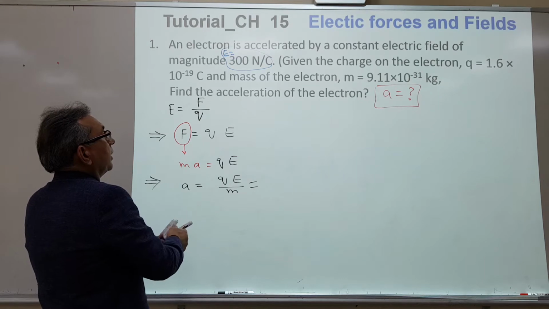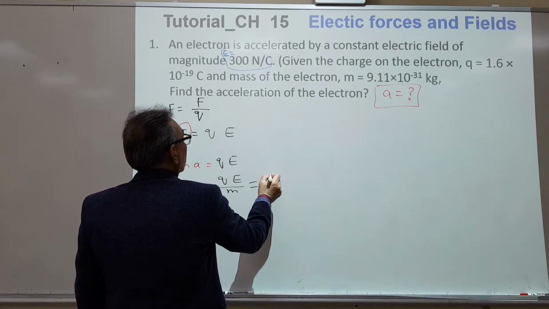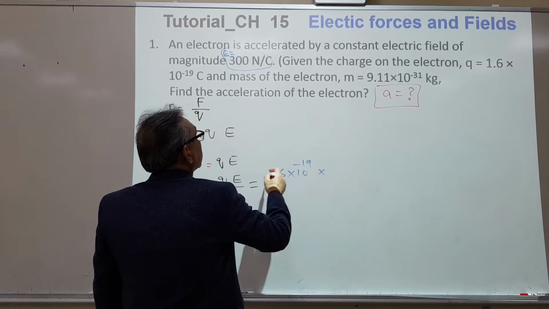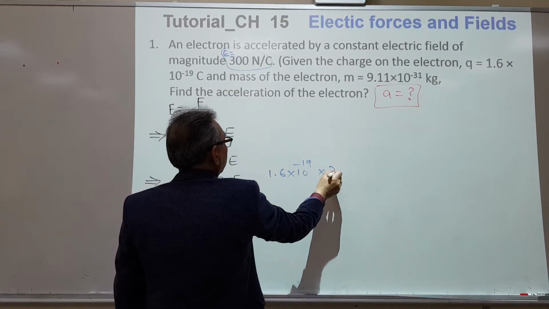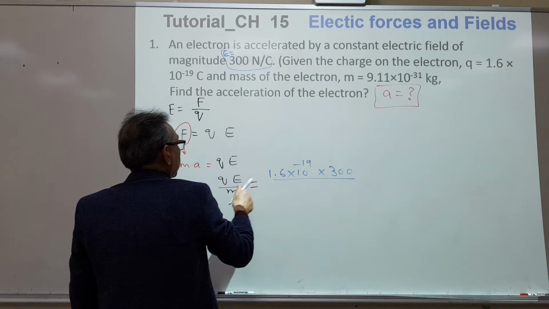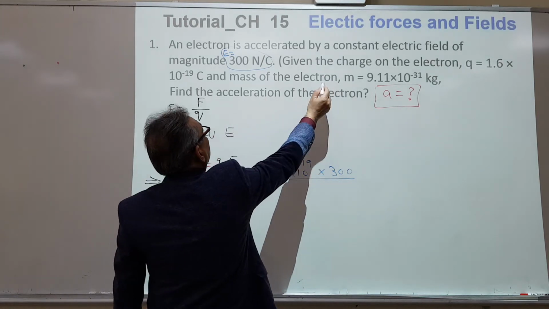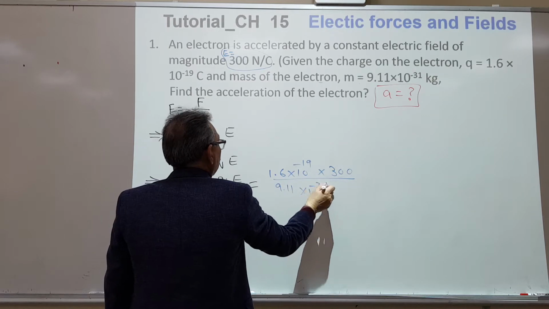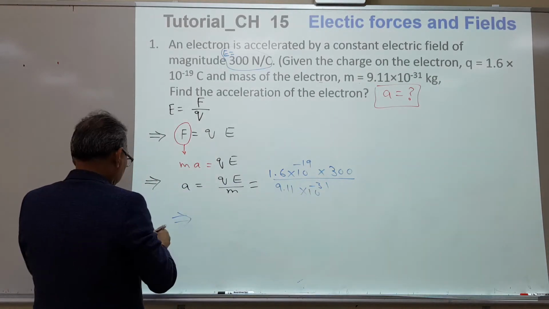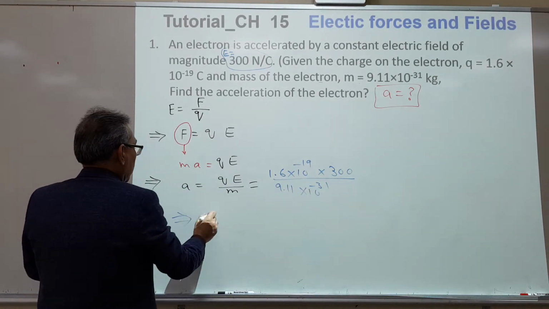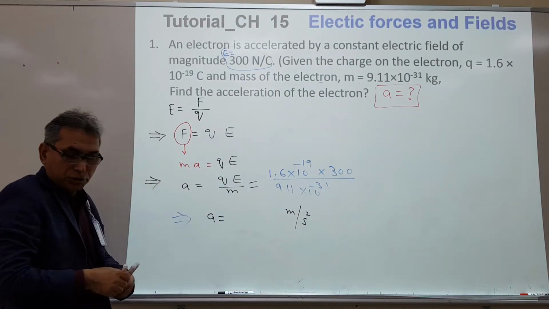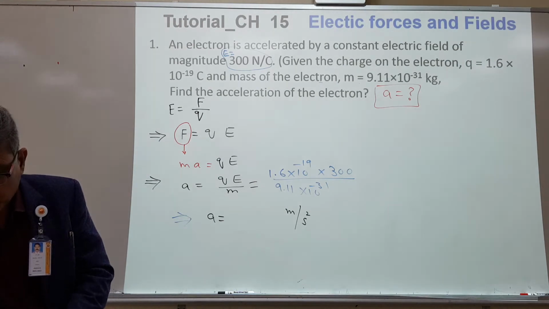So substitute the values. Q is 1.6 times 10 to the minus 19, multiplied by E, 300 Newton per coulomb, over the mass of the electron. So you get finally A is equal to how much in meter per second square?